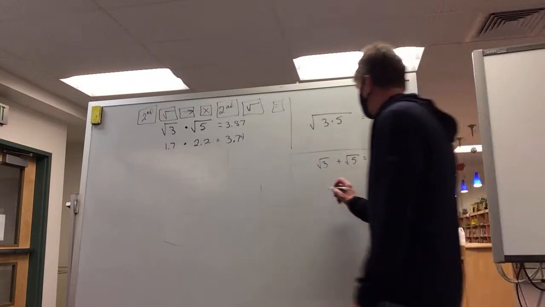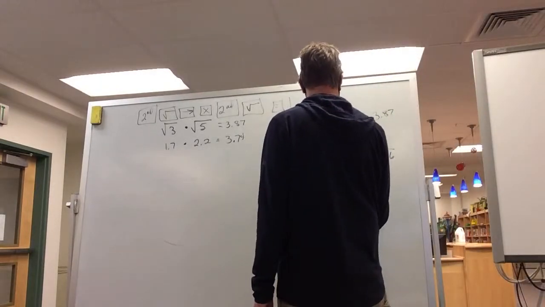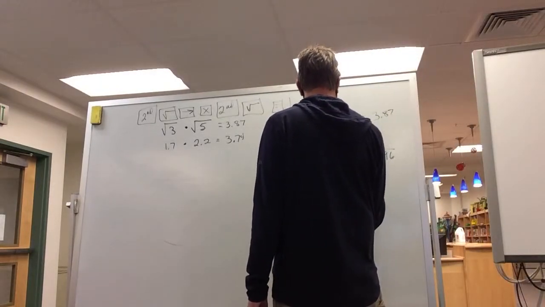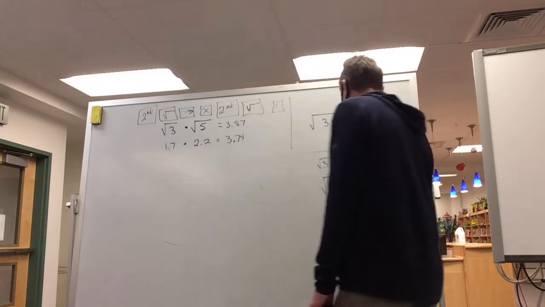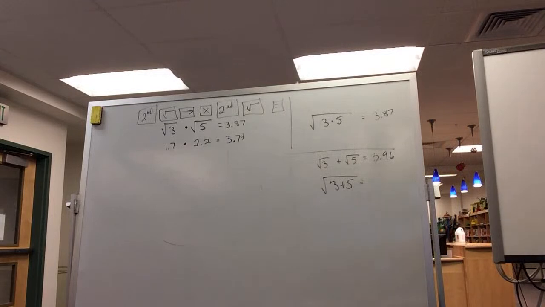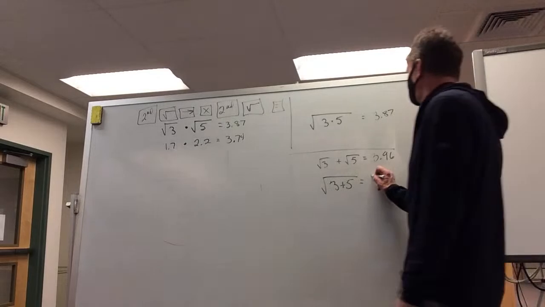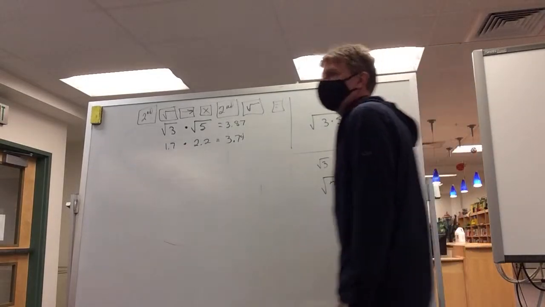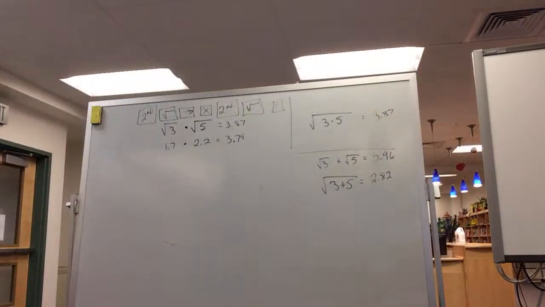Okay, let's do this. Let's take the square root of 3 plus 5. What do you get there? 2.82. 2.82. I don't see you guys pounding on your calculators. Are you stumped? You keeping up? Do you want help keeping up?